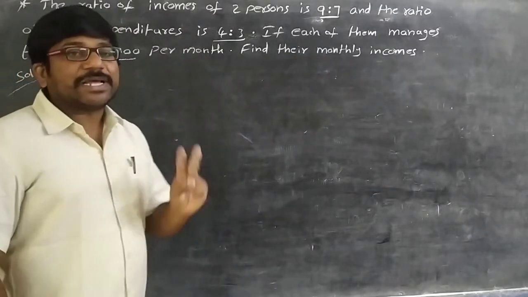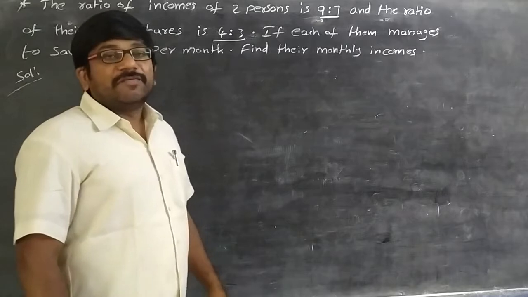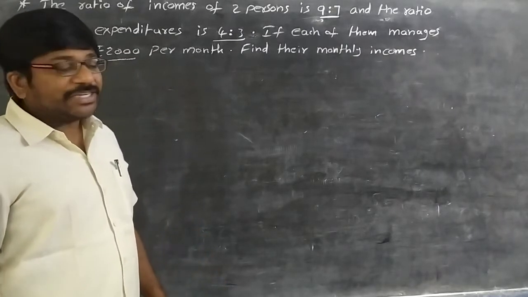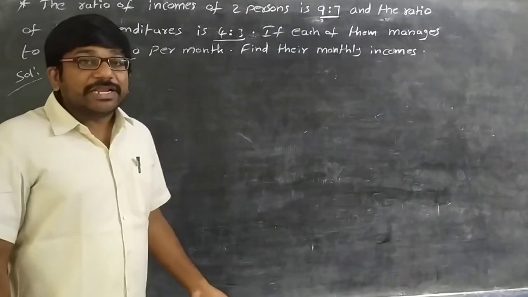Here how many persons are there? Two persons are there. First person and second person, right? So we don't know their incomes.